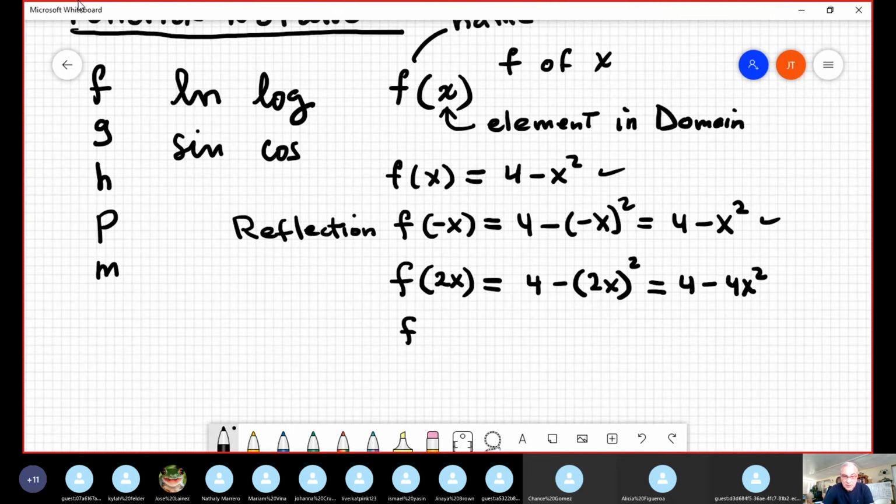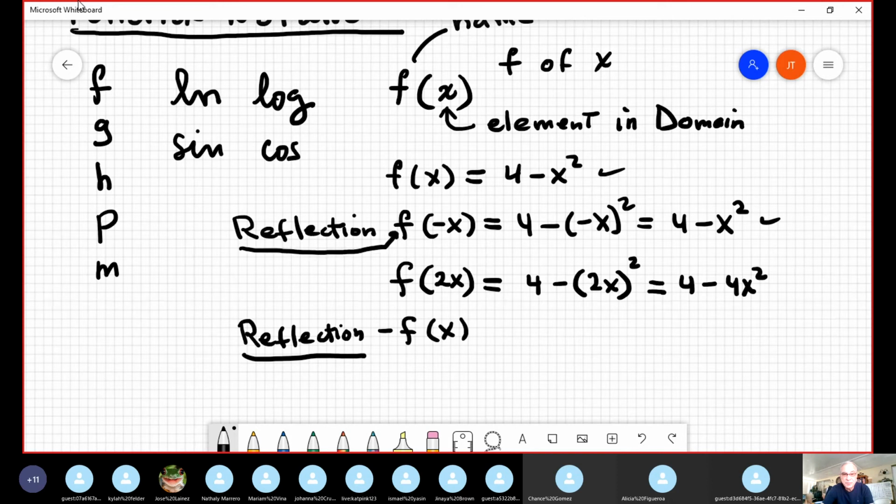Another possibility is to take the function and you affect it by negative 1 outside. Oh, look at that. This is another reflection. Two kinds of reflection. One kind of reflection, another kind of reflection. It is when you replace x for negative x, or when you put the negative outside. When you put the negative outside, I take the original equation, I affect it by negative 1, that's negative 4 plus x squared.